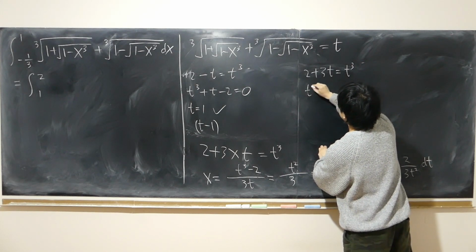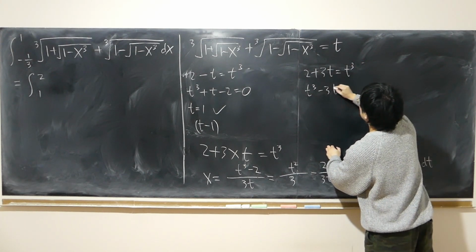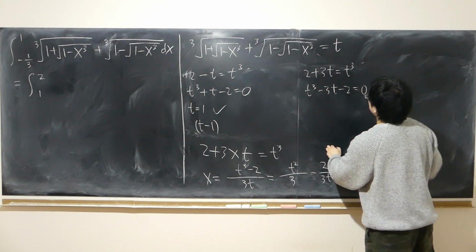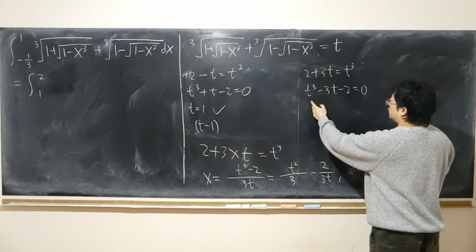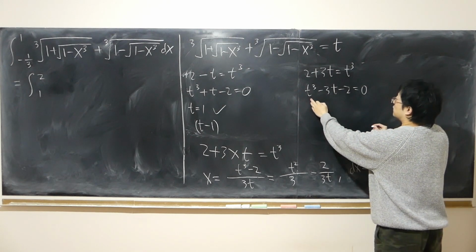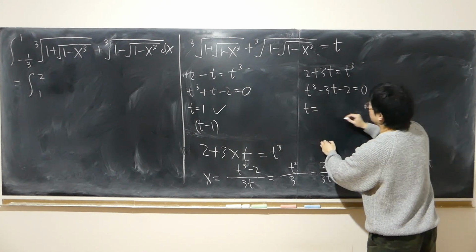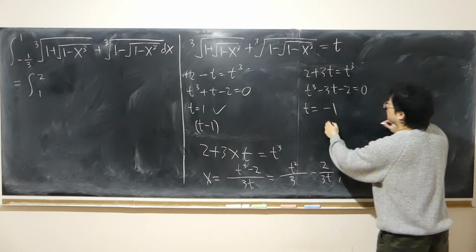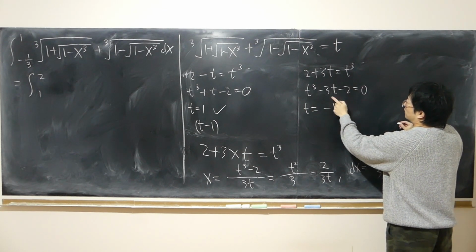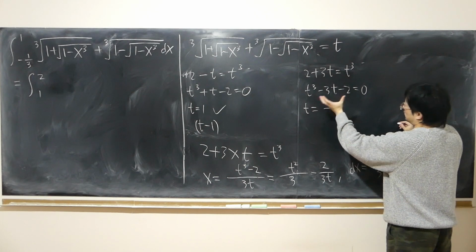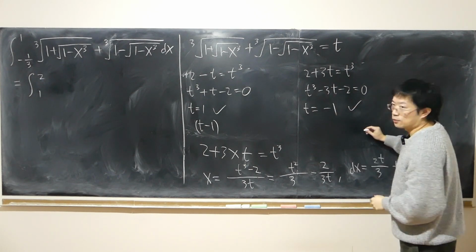So the t cubed minus 3t minus 2 equal to 2. I can easily check that. Okay, if t equal -1, so -1 minus 2, -3, and negative plus 3, so 0. Fine. So this is a solution, right?